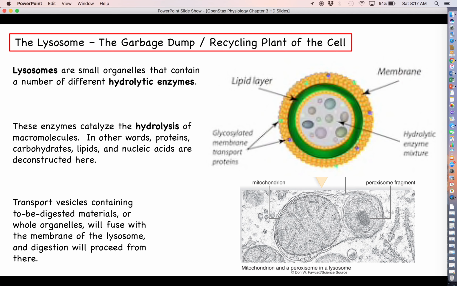What we can infer from this picture is that that mitochondrion and that peroxisome are probably old. The cell probably wants to get rid of them because they're not functioning correctly anymore. So the lysosome has engulfed those 2 organelles and is going to destroy them to thin out the herd and cull organelles that are not functioning correctly anymore.